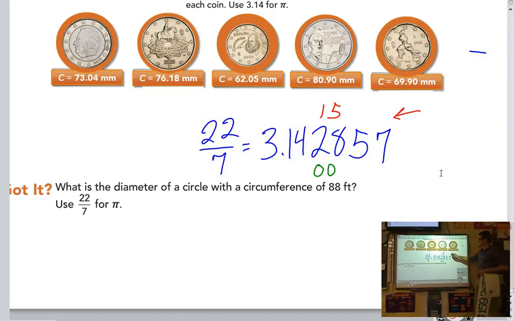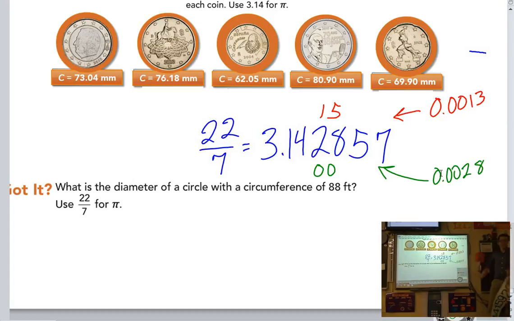So this approximation is 13 ten-thousandths away from accurate. If I use the 3.14 approximation, how far away would 00 be from 28?